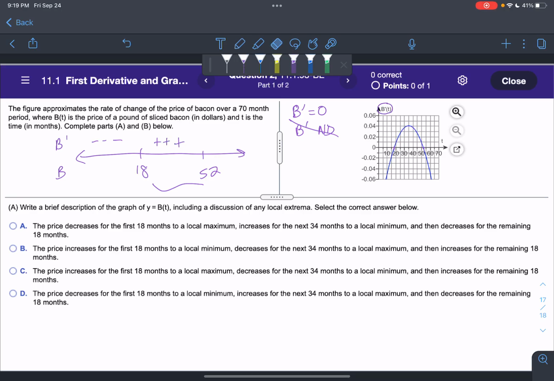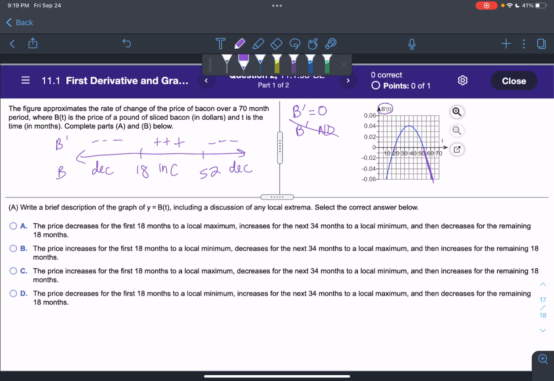And then the last piece I want to look at is after 52. And notice that's negative again. All right, so what does this mean for our B? Well, when my derivative is negative, that means my function B is decreasing. When my derivative is positive, my function is going to be increasing and then decreasing.